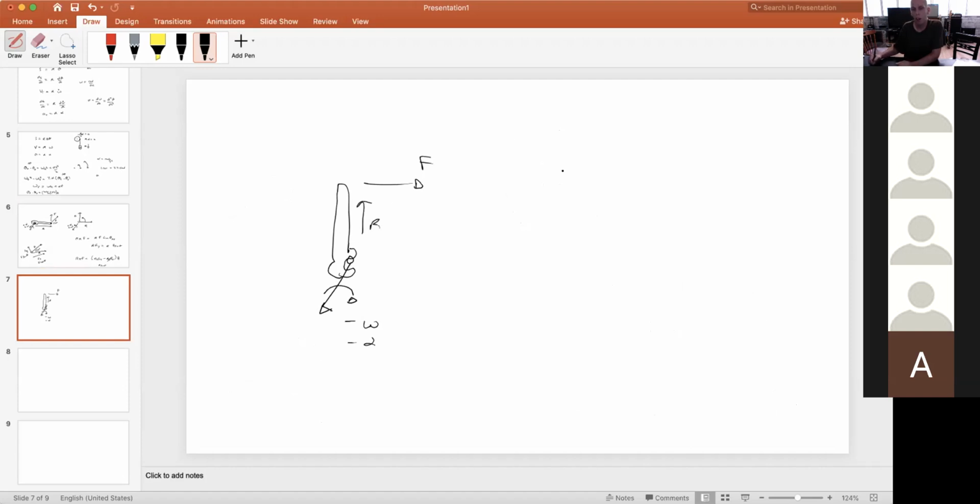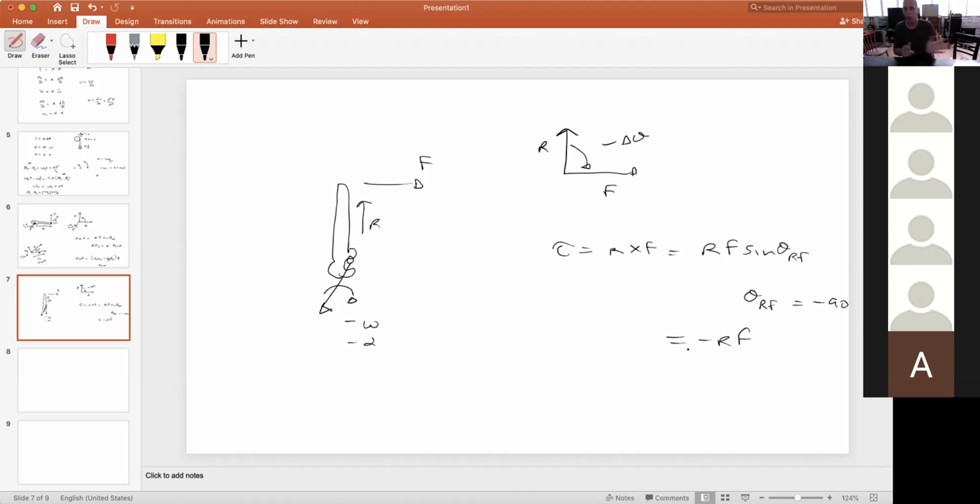If I do R cross F, I put R and F tail to tail, and I rotate R to F. I can see that this is a negative delta theta. So my torque, which is R cross F, gives me RF sine of the angle between R and F. But I know that this angle between R and F is minus 90, and I would get negative RF, whatever R and F happen to be.